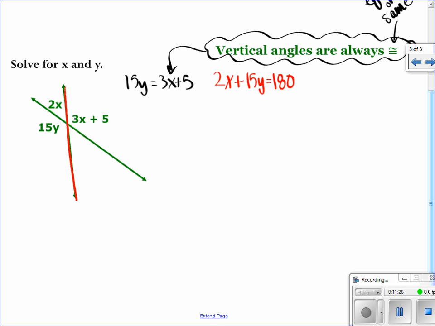That would probably be a good one to start with, wouldn't it? Notice these 2 right here are on a line together, so that's another linear pair, which would equal 180. Why would the blue one be the best one to start with? Got one variable. Correct. It's actually solvable. So let's do that.